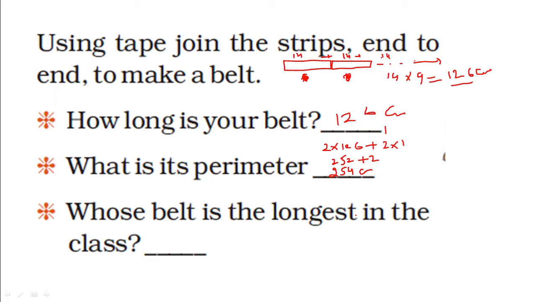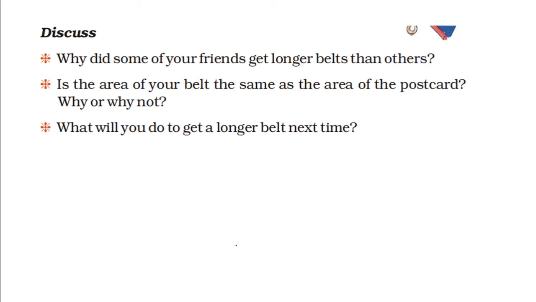Whose belt is longest in the class? If other students cut it differently, some may cut with 2 centimeter, some with 1.5 centimeter. So whose belt will be longest? Whoever has lesser width will have the longest belt in the class. Why did some friends get longer belts than others?